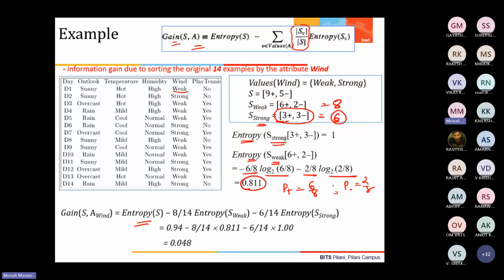So in my information gain formula, |Sv| by |S|, where S is the total number of examples and Sv is for each unique value of wind, how many there are. For the weak unique value, I have 8 examples. For the strong unique value, I have 6 examples, out of a total of 14 examples. Multiplied by their individual entropies that we calculated, 0.811 and 1.0. And then the final information gain is coming out to be 0.048.